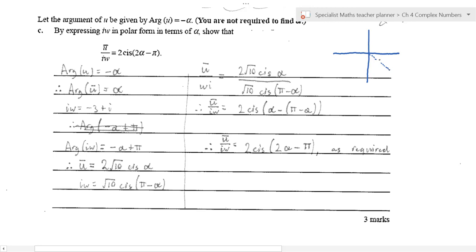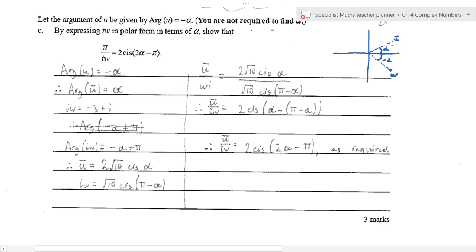Okay, so that angle in there is minus alpha. Then argument of u bar is going to be, so let's call this u, this is going to be u bar, like so. Okay, so that's going to be alpha.